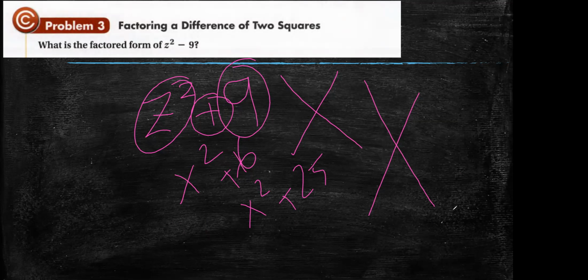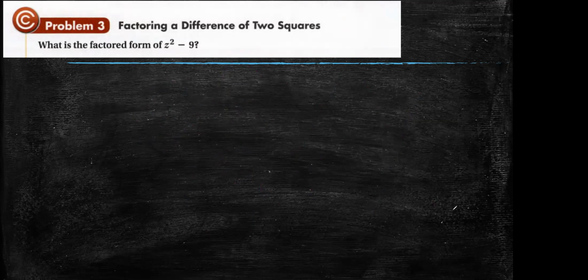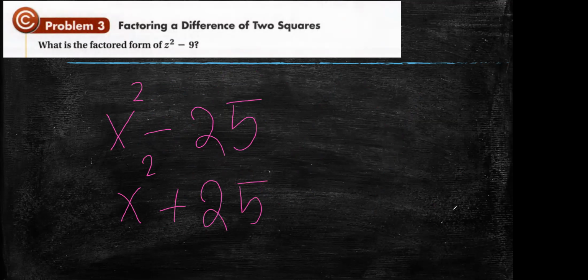So if I have x squared minus 25 and x squared plus 25, the second one cannot be factorized. I told you I must have a difference of two squares. But the first one, yes, it can be factorized.